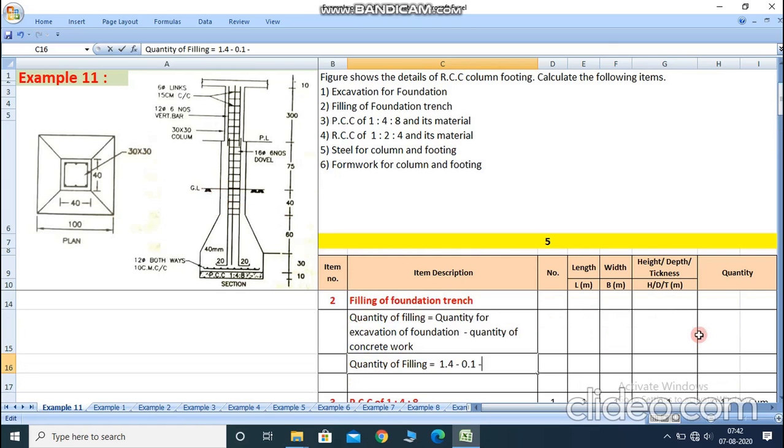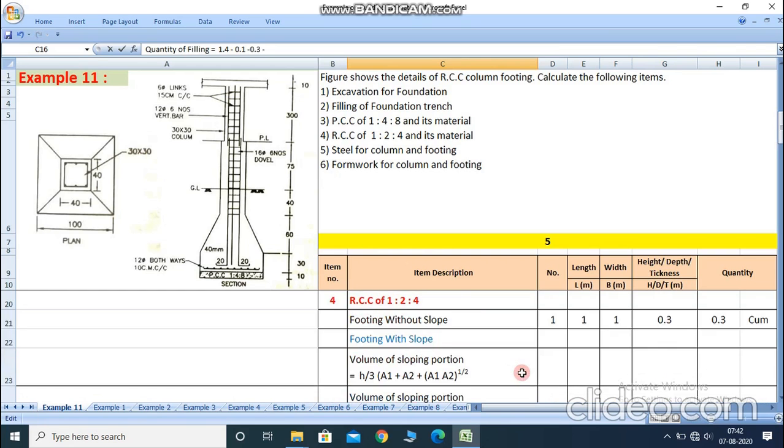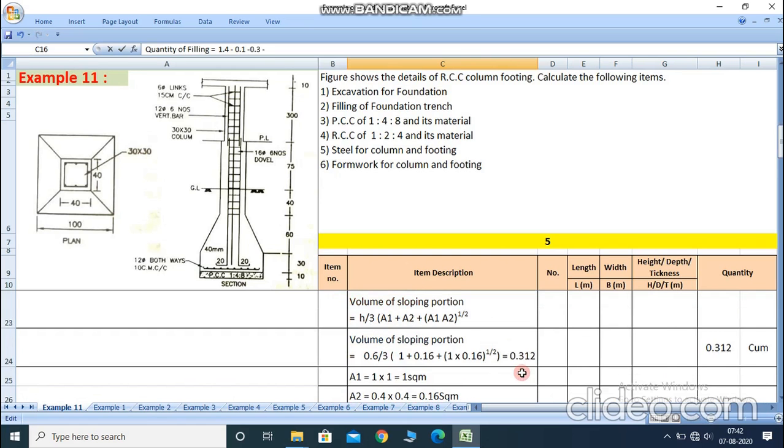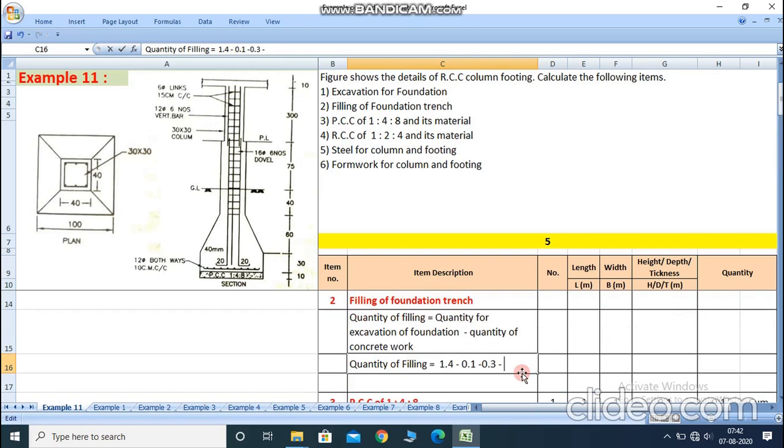So we write minus 0.3, minus 0.312, minus 0.064. Now we get the answer.